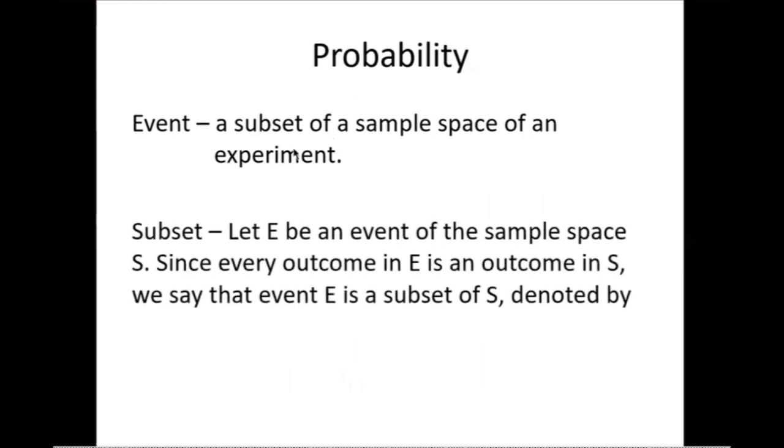Then for the word subset, let letter E be an event of the sample space S. Since every outcome in event E is an outcome in the sample space S, we say that event E is a subset of sample space S, denoted by a symbol, event E, which is the subset of sample space S.